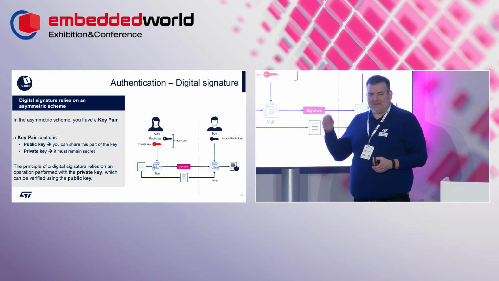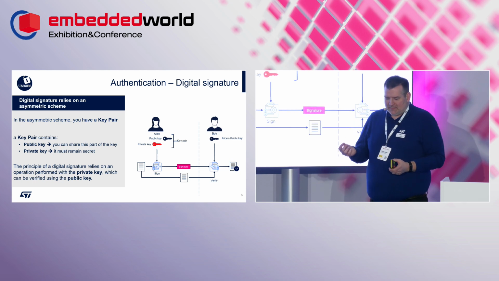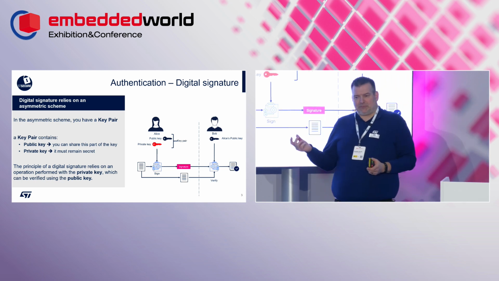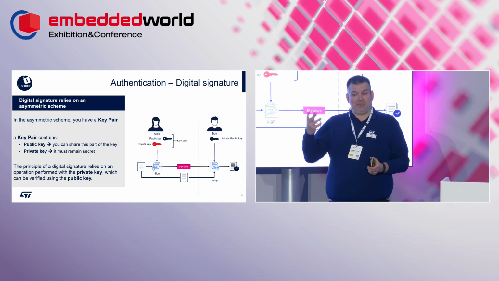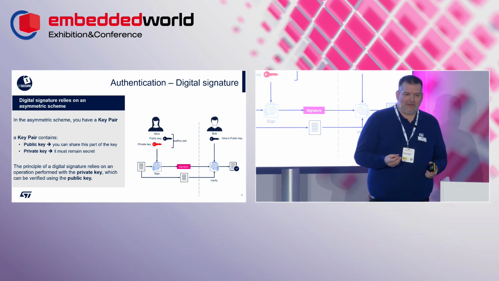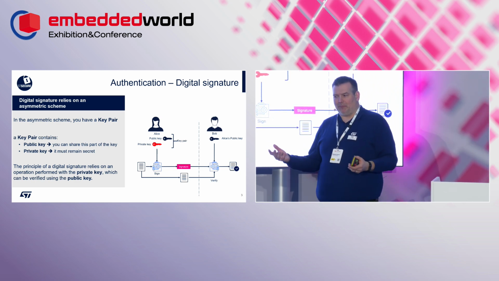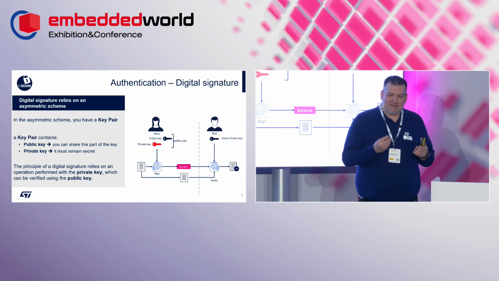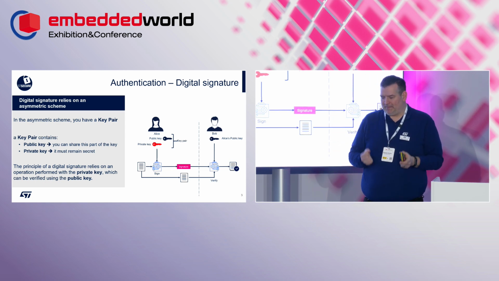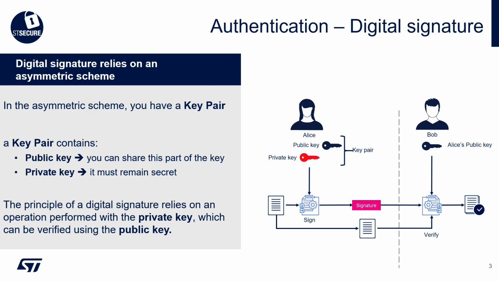So here, what is a digital signature? This is basically relying on asymmetric cryptography, which means we have a key pair. Inside this key pair, we have a public part, which can be distributed to anyone, and a private part. This is the secret you want to keep. The principle of the digital signature is to make an operation with the private part of the key and to be able to verify it with the public part of the key.